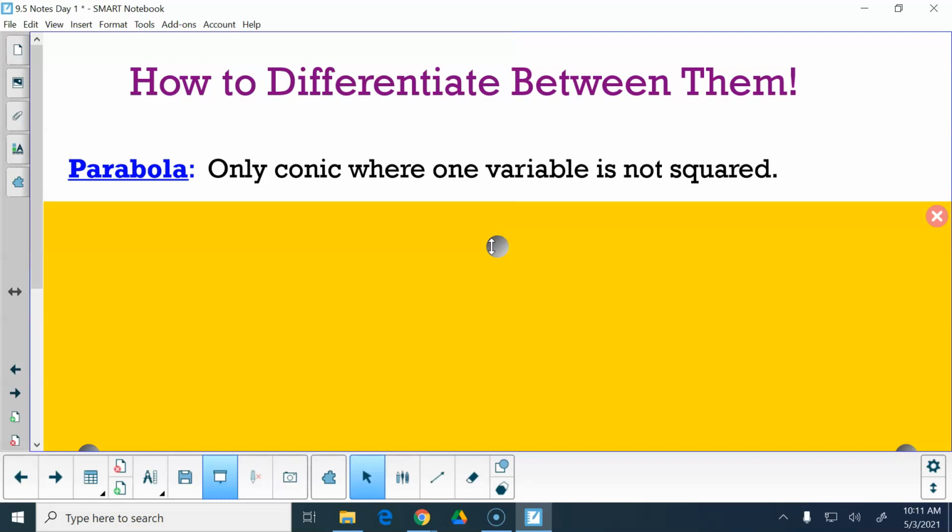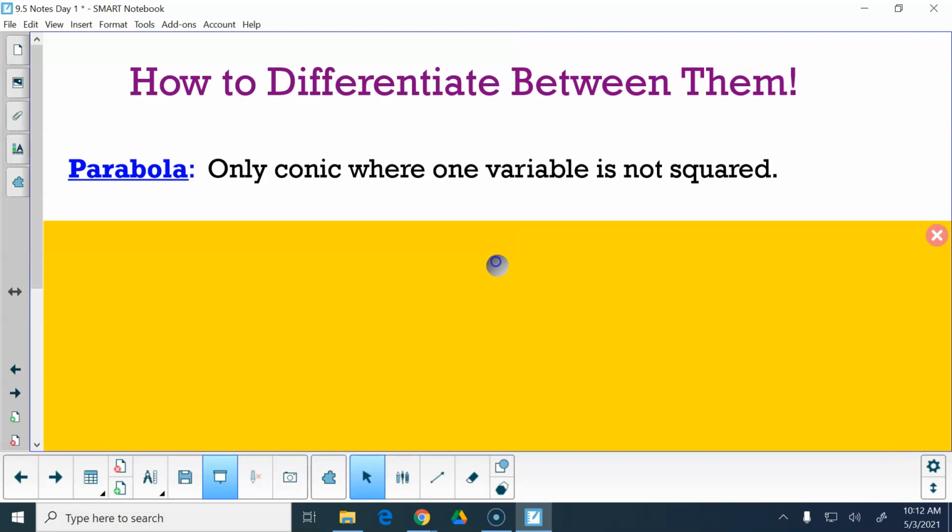So if you have an x squared and a y squared, it is not a parabola. If you only have x squared or y squared, then yes, it is a parabola, and you've identified the conic. That's the easiest of the tells.